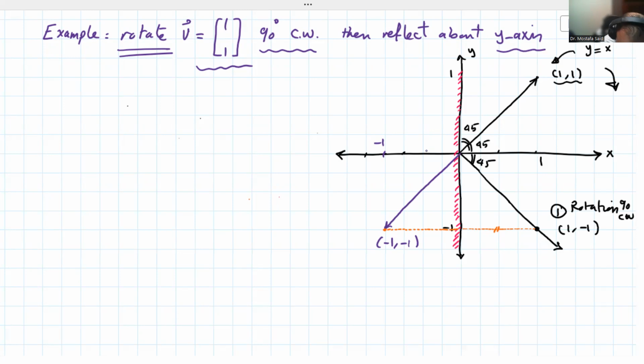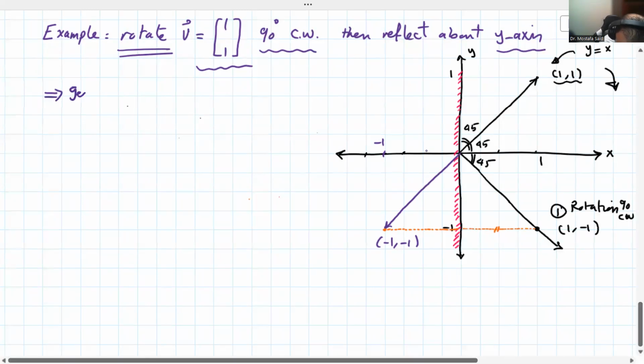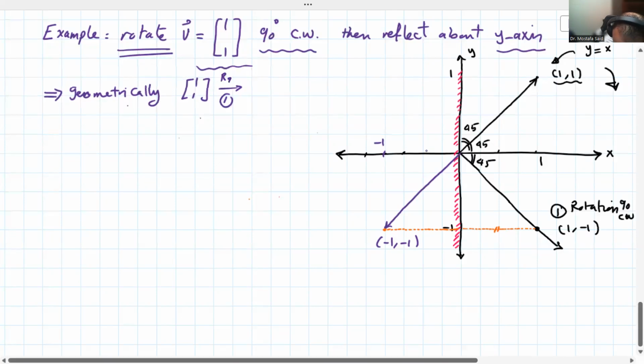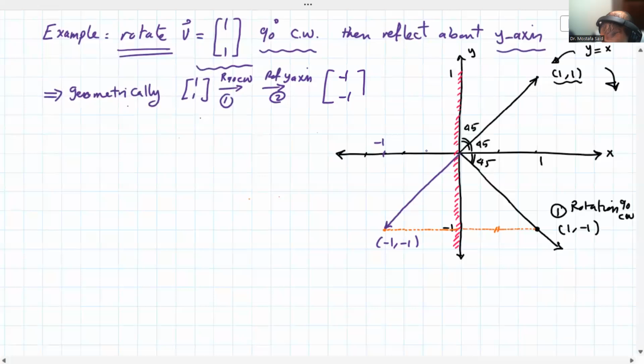Let's write this down. Geometrically, the point (1, 1), after first a rotation of 90 degrees clockwise, then a reflection about the y-axis, will transfer to (-1, -1).